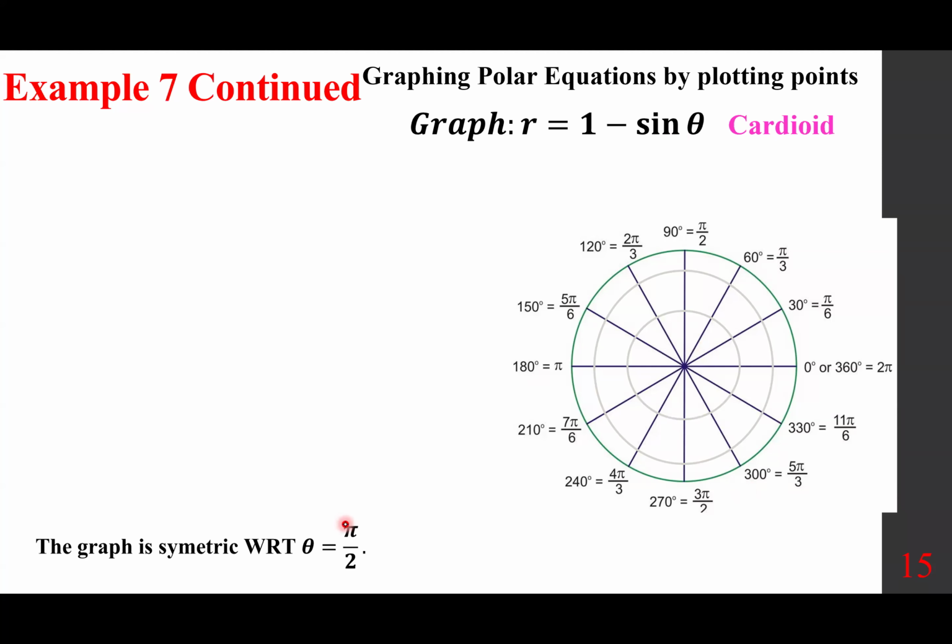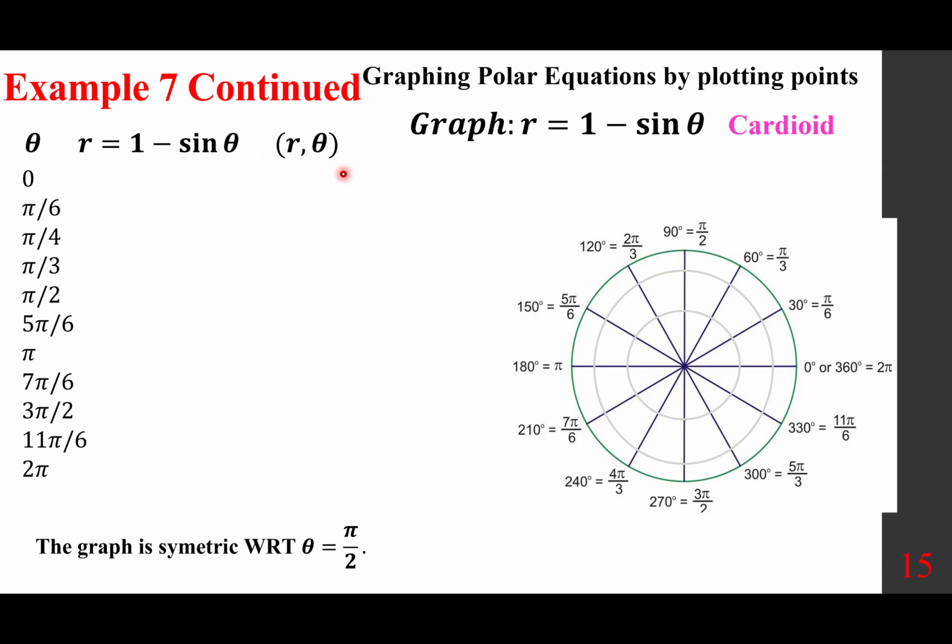That's the concept. But the best methodology is to plot points. And so we are going to write theta, r equals 1 minus sine theta, and r comma theta. So notice I've picked all easy and common arcs. So we're going to go over them quickly.